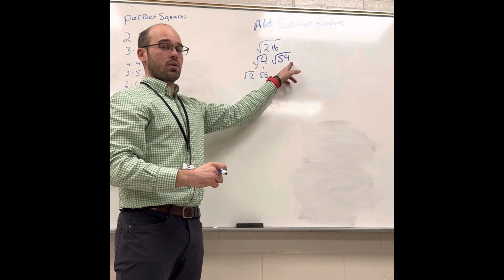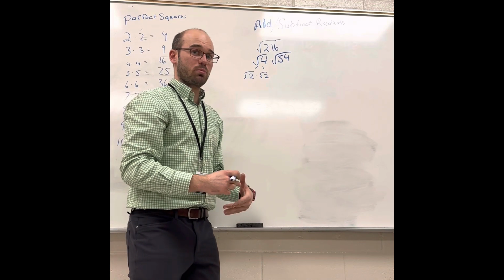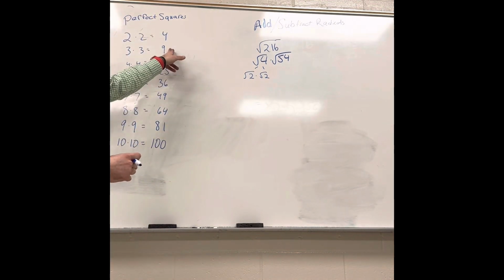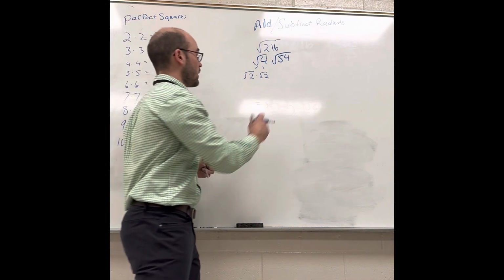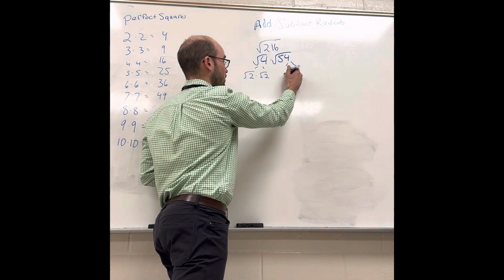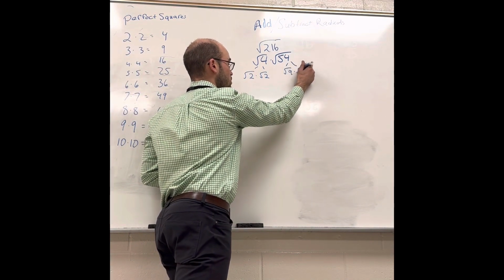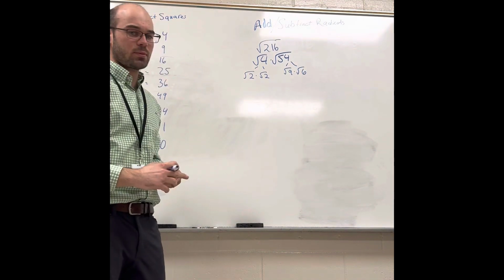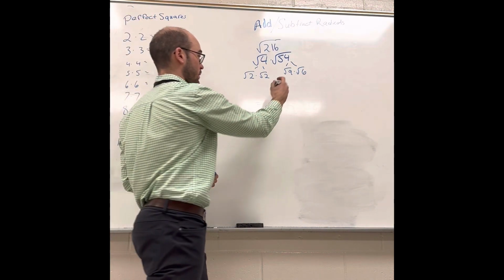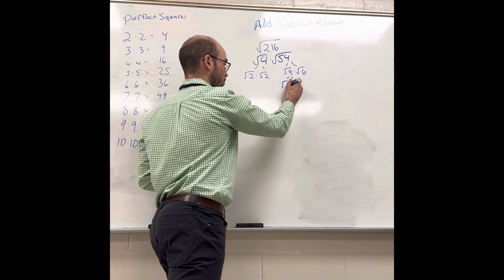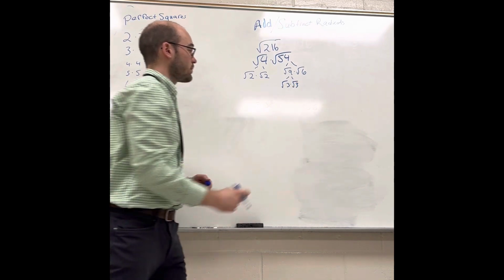Thinking about numbers that go into 54 that are a possible perfect square, 9 works out. And it would actually break down to root 9 times root 6.